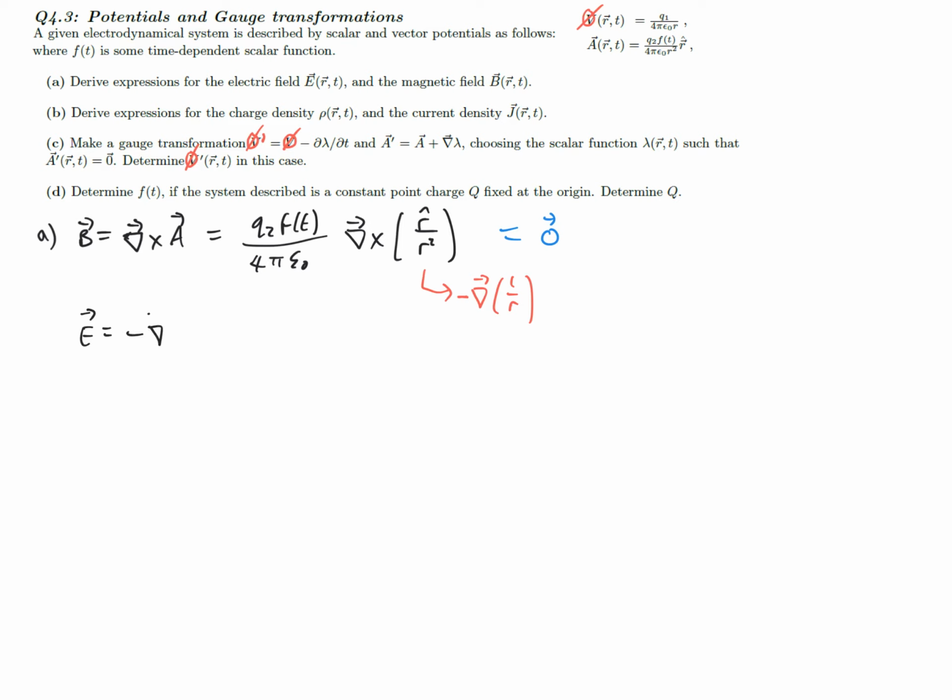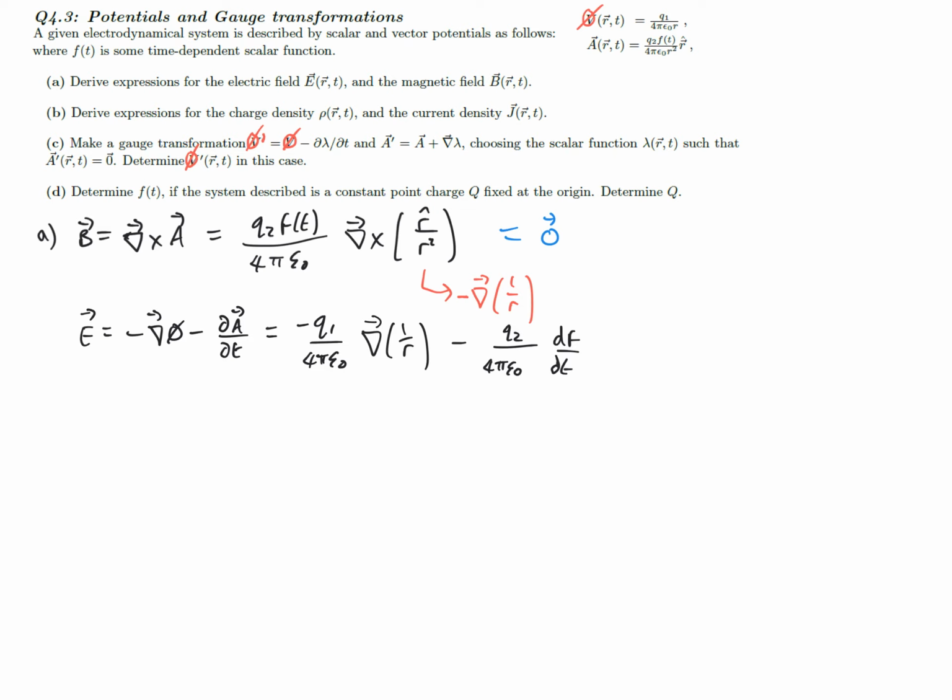The electric field is given by minus the gradient of the scalar potential minus dA by dt. And again, we'll just factorize out the constants, minus q1 upon 4 pi epsilon naught, we have the gradient of 1 over r from the scalar potential, and then minus q2 over 4 pi epsilon naught, and then we've got to take the time derivative here, and so indeed we get df by dt.